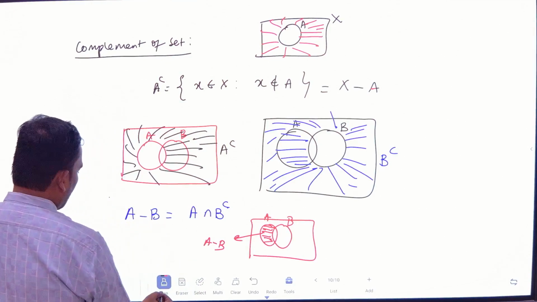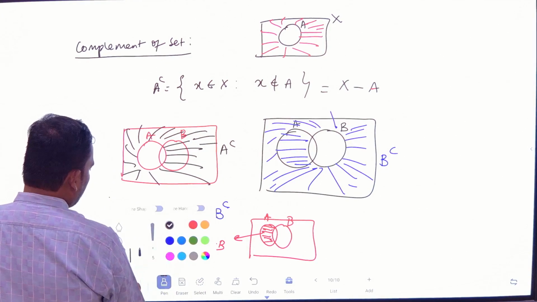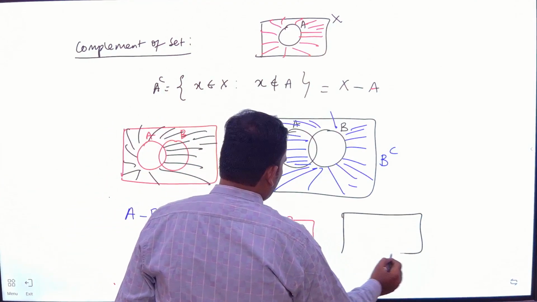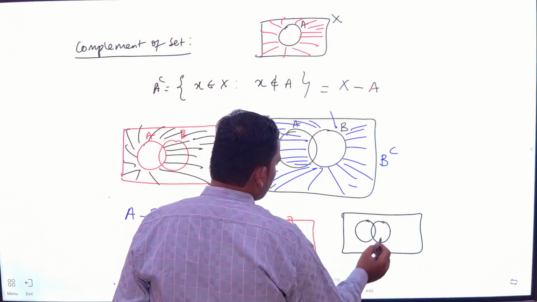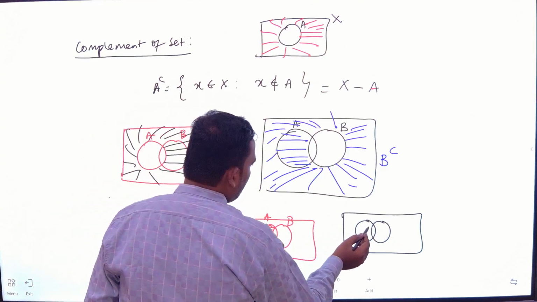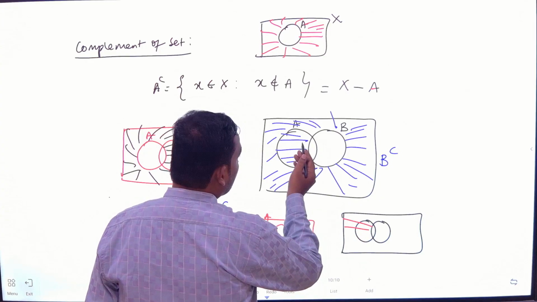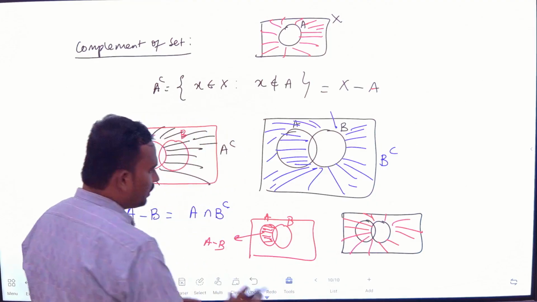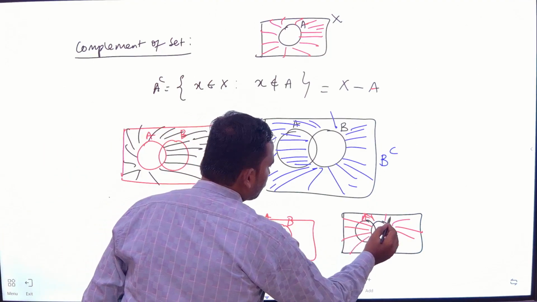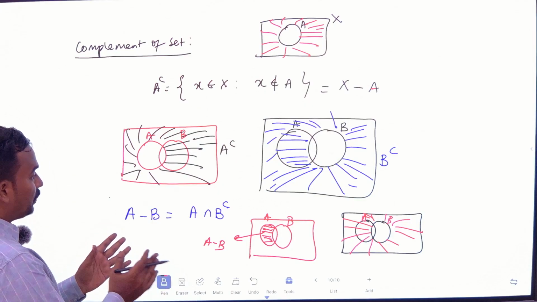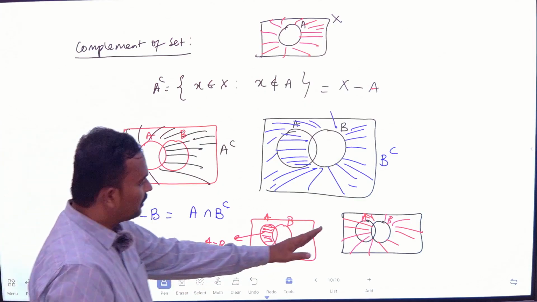Okay, fine. Then you can see here B complement. B complement means everything other than B. This is A, this is B, and you take B complement intersect with A. You can see the red color portion.